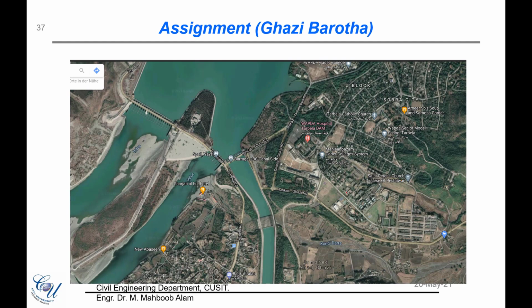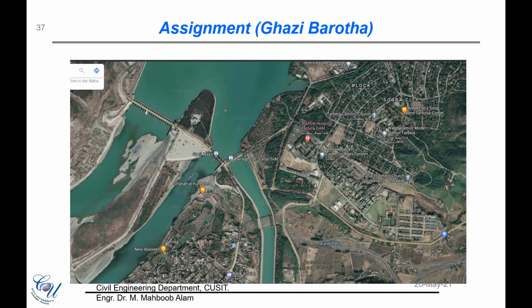This is the diagram that we looked into in the very first lecture. This is the Ghazi Barotha project. You do see here the spillway, the head regulators, and the channel of the Ghazi Barotha project. I'll post the details on the LMS about the things that you have to do in this assignment.